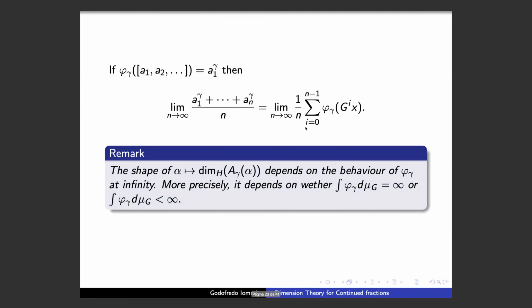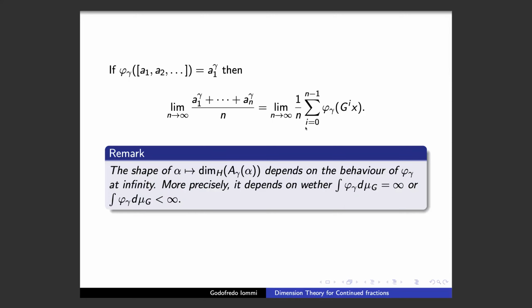So what interests me here today is that the shape of the Hausdorff dimension function, alpha going to the Hausdorff dimension of the level sets, depends basically on the behavior of the potential at infinity.